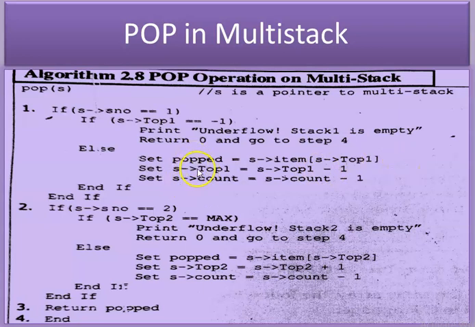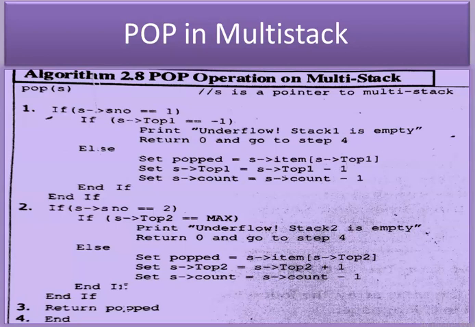In that case, one element has been removed from the list, so we have to decrement the value of count also. So there is no confusion in this area, that is when we are considering the left side of the array. It is being considered when the value of S number is 1.